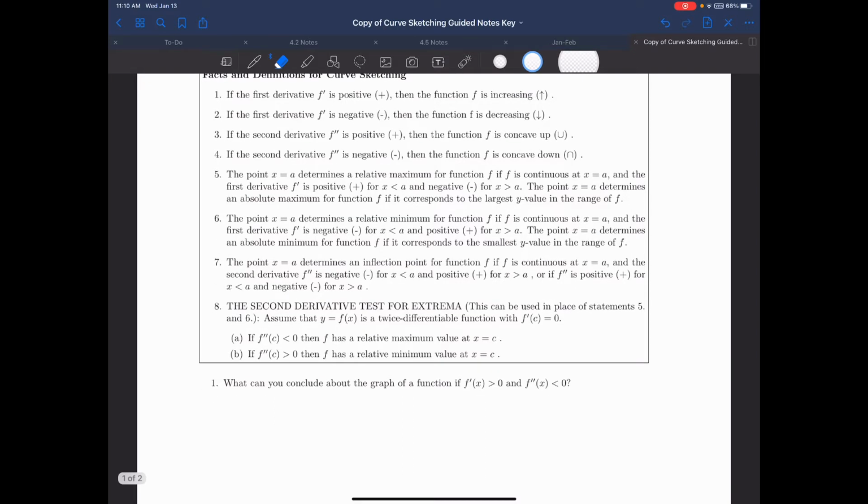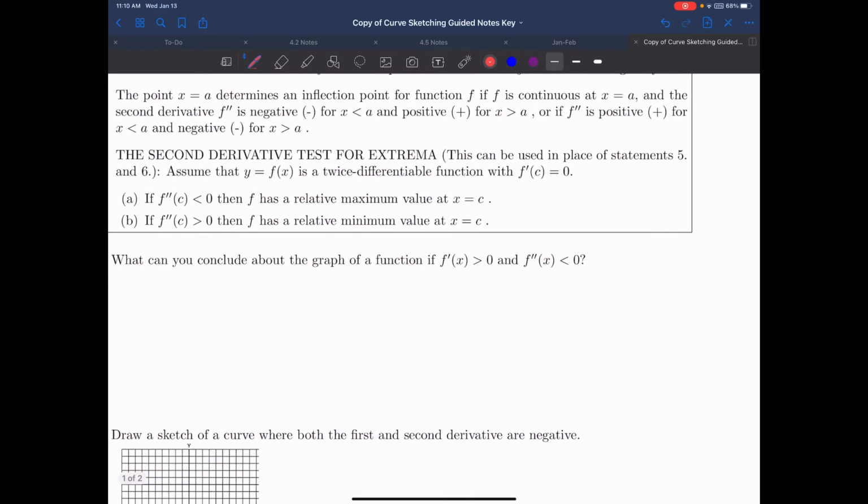Using that, keeping it in mind, what can you conclude about the graph of a function if f prime of x is greater than 0 and f double prime of x is less than 0? The way we have to translate this, if it's not totally obvious: this is a positive first derivative.